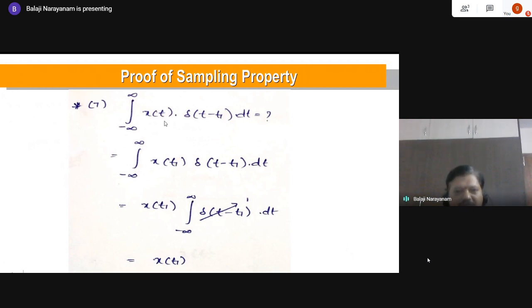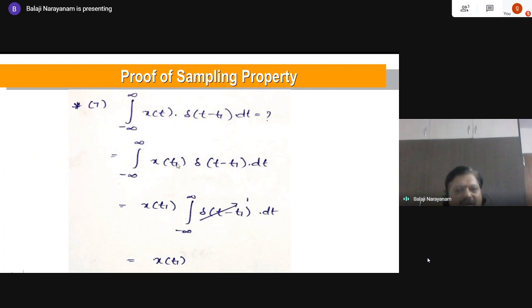So we substituted in x of t at t is equal to t1. We got x of t1 here and delta of t minus t1 dt. And as it is like an amplitude value, we have brought that out, and it is independent of dt variation.